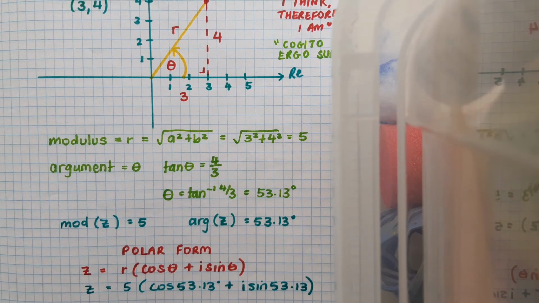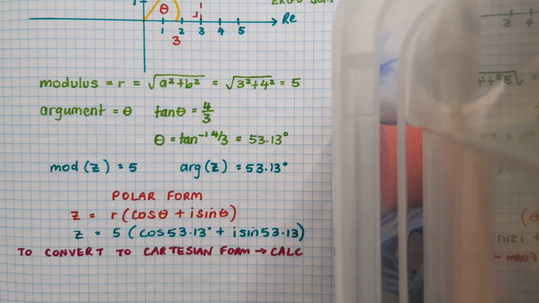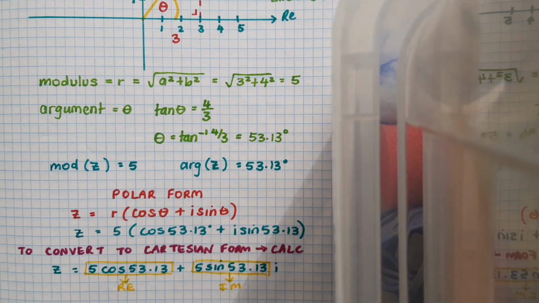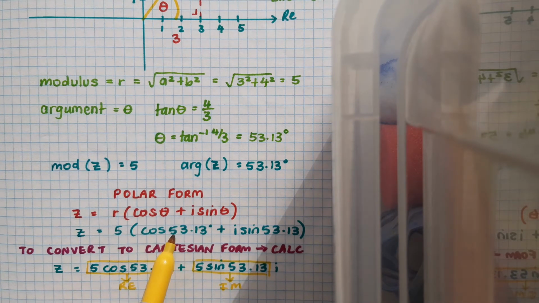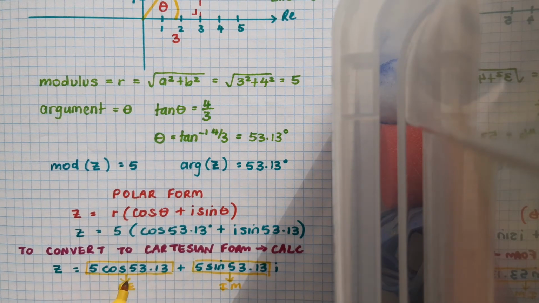It's pretty easy to reverse the process and go back from polar form to Cartesian form. We just have to use our calculator and simply type in the real portion and the imaginary portion. So to get this line here, what I've done is just said 5 cos 53.13, that's my real part.